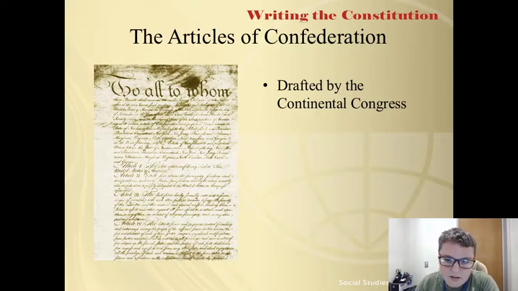There was no president, no national executive. The articles did not provide for a national court system, while each state could send anywhere from 2 to 7 delegates to Congress. Each state had a single vote. Depending on the importance of the legislation, the articles required the consent of 7, 9, or all 13 states.